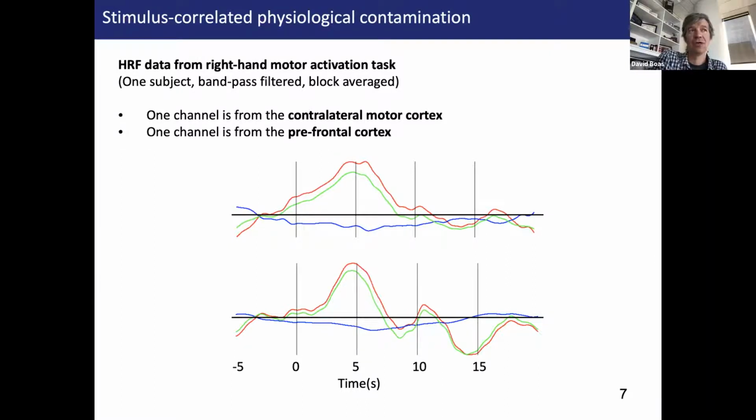So this is why the short separation regression, as we'll detail during this lecture, is so effective at helping us distinguish which of these time courses is the brain response and which one is the confounding systemic physiological response. But without that sort of discrimination of scalp signal from brain signal, we wouldn't know.